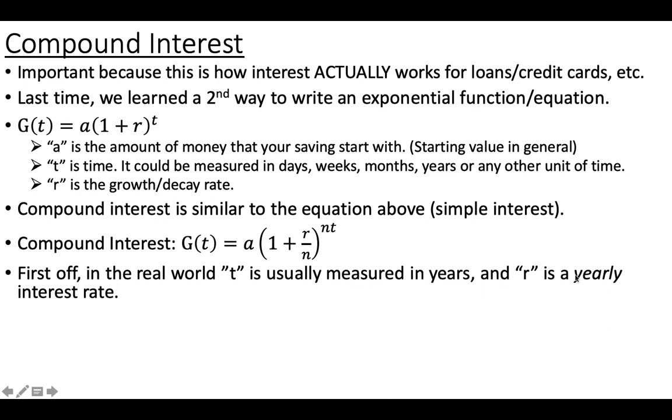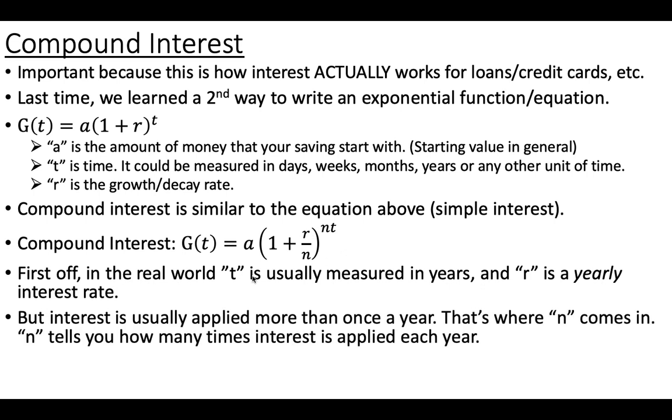So it's a yearly interest rate anytime you go for like a mortgage or car loan, or the interest rate that a credit card will advertise for you on an ad in your junk mail, all of that stuff. It's all based on it yearly. Okay, both the time and the rate, the T and the R are based on years.